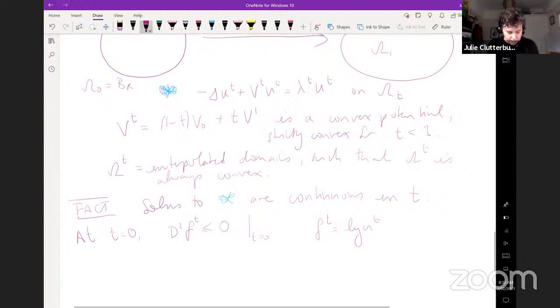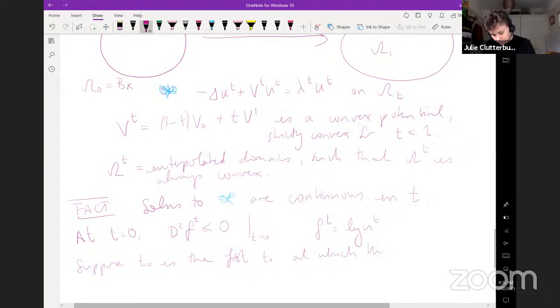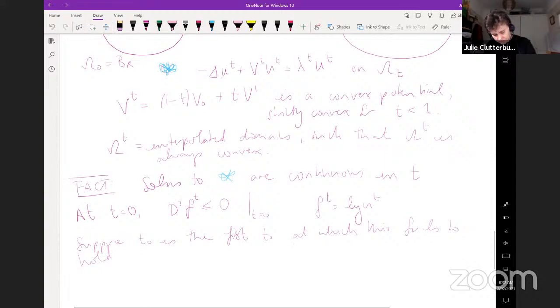So what we do is we suppose that t0 is the smallest t0, well, actually, the first t0 at which this fails to hold. So actually, I've got something stronger here.